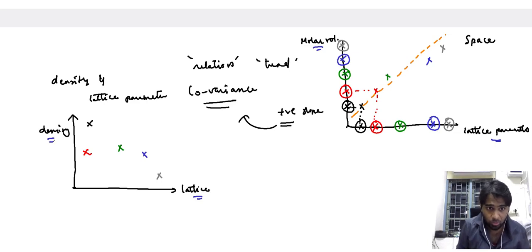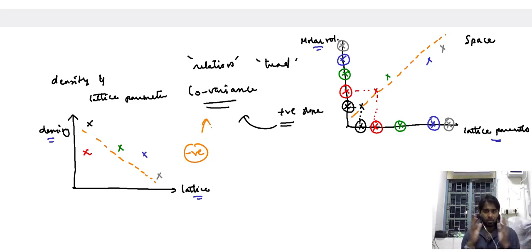But when you want to qualitatively describe this relation by introducing a straight line, the slope of the line that describes this trend is negative. So therefore, what we essentially observe is a negative covariance.